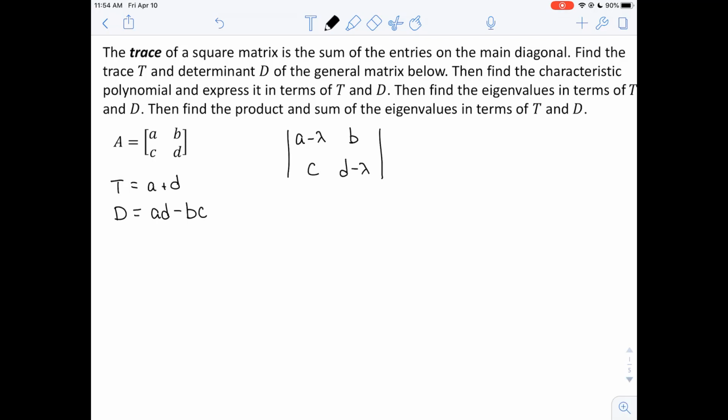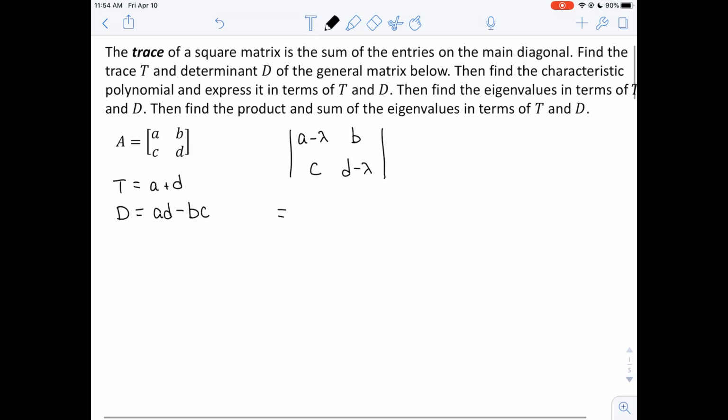We do the determinant of this matrix instead, and we create the characteristic polynomial. So the determinant of this, we multiply these entries and then subtract, multiply those entries. So we get a minus lambda times d minus lambda, and then minus bc.